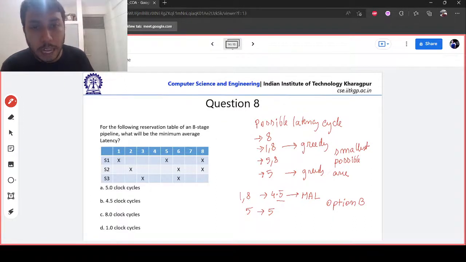If we find the average latency, it is (1 plus 8) divided by 2, that is 9 divided by 2, that is 4.5, and the other latency comes out to be 5. So the minimum average latency, that is MAL, is 4.5. So that was option B.